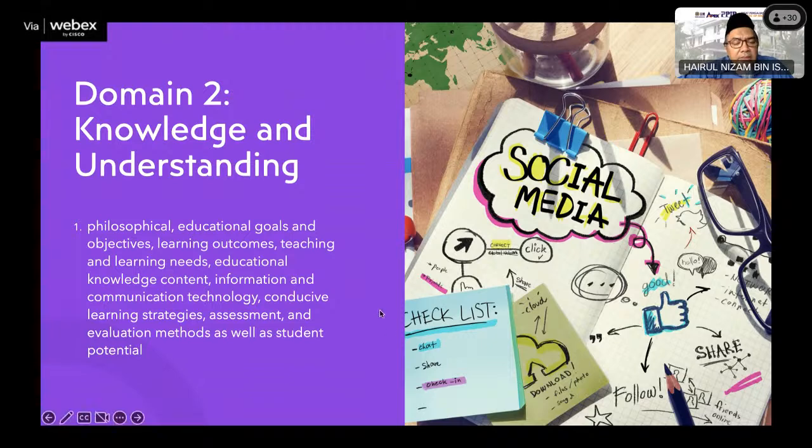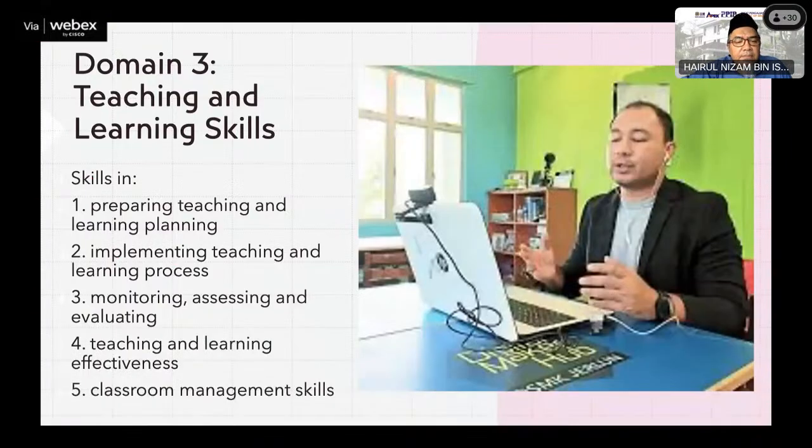As I mentioned, there are a number of subdomains within this domain, like philosophical, educational goals and objectives, learning outcomes, teaching and learning needs, educational knowledge and content, information and communication technologies, and others, as you can see in the slide.